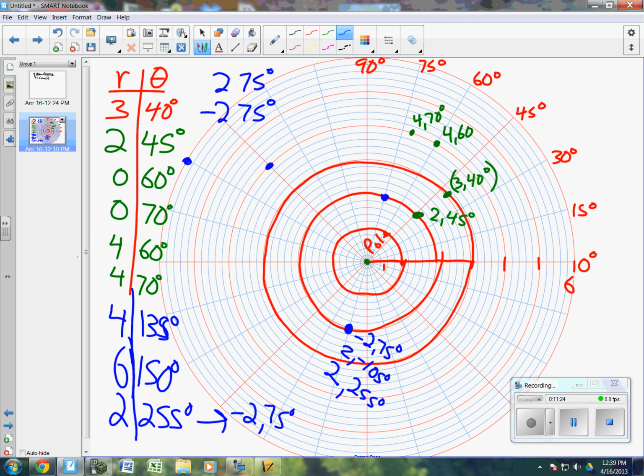There's one more way to name this point. Can someone come up with it? That's right. Negative 2 comma, no wait, it's not going to be 255. It's going to be negative 285.